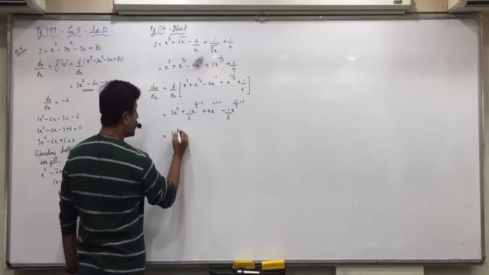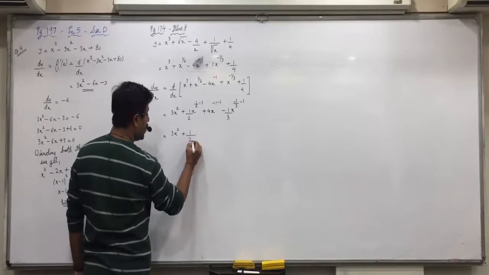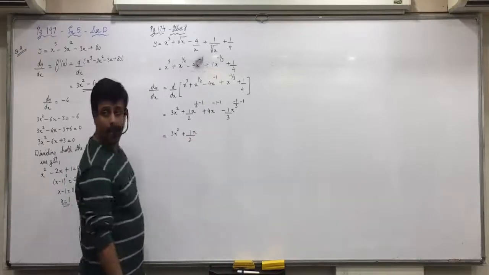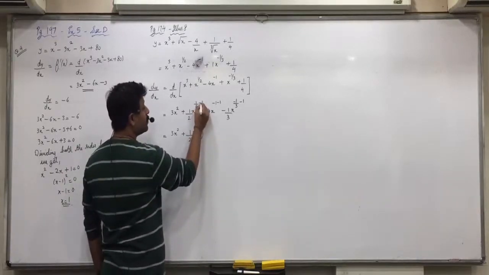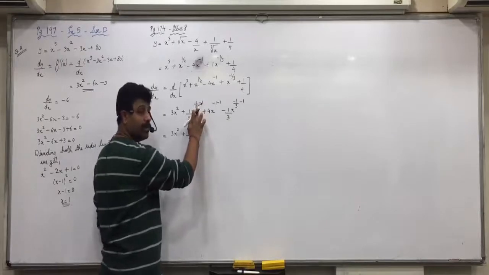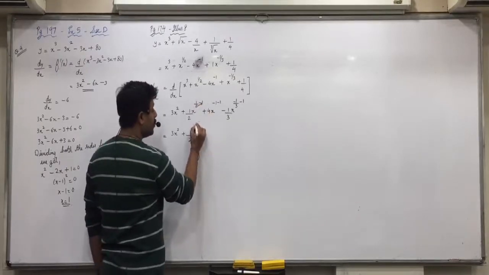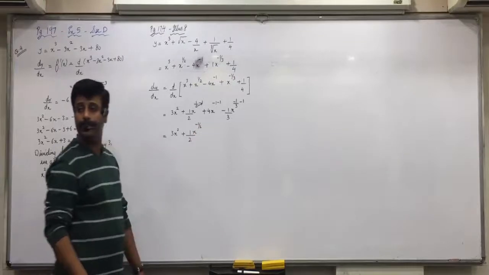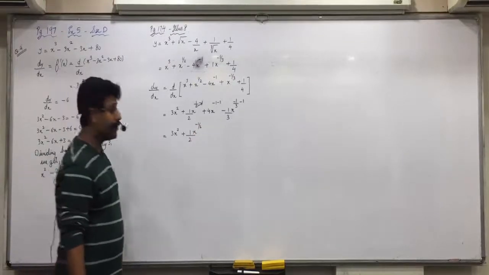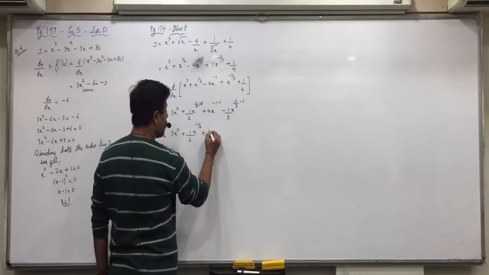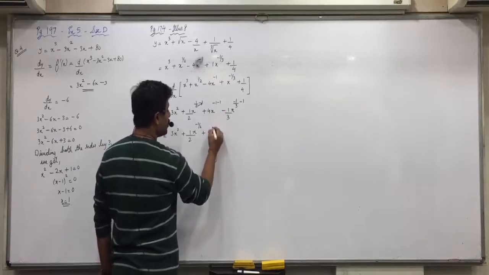Now simplify 3x square plus 1 by 2 into x raised to, now be attentive. If you cross multiply this, what is 1 minus 2? Minus 1 by 2. Understood this? Plus 4x minus 1 minus 2.